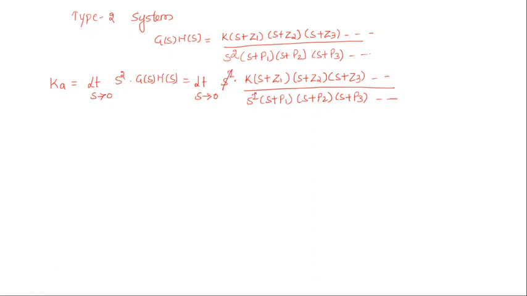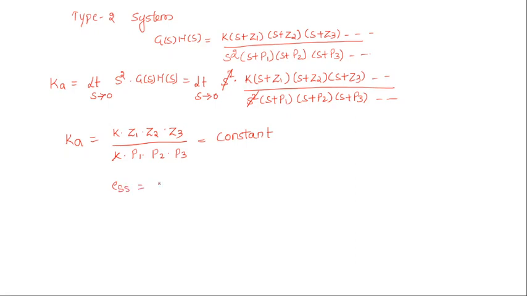So s square and s square get cancelled out. So Ka value becomes K into Z1, Z2, Z3 by P1, P2, P3. That means it is some constant.